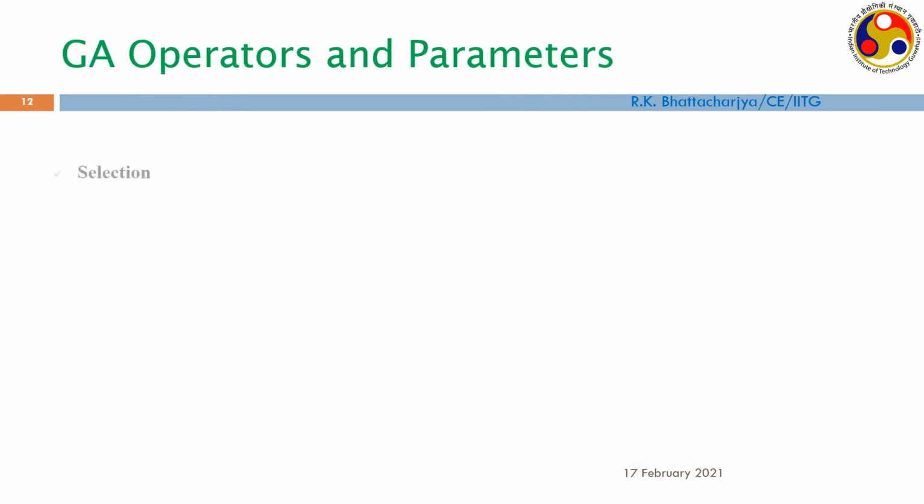So let us discuss these operators one by one. There are three main operators: selection, crossover, and mutation. Whatever initial population you have generated, this solution will go through the selection, crossover, and mutation operators.